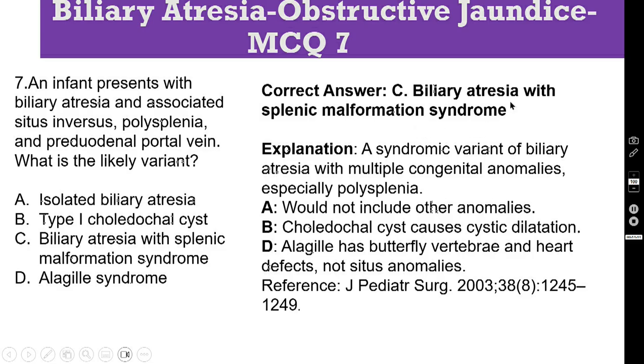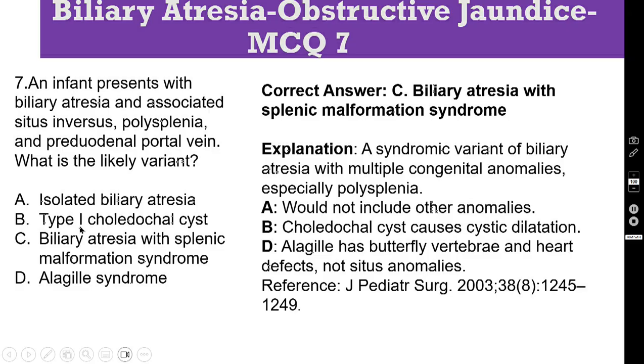Biliary atresia with splenic malformation syndrome. Explanation: a syndromic variant of biliary atresia with multiple congenital anomalies, especially polysplenia. A. Isolated biliary atresia would not include other anomalies. There won't be any associated anomalies at all.